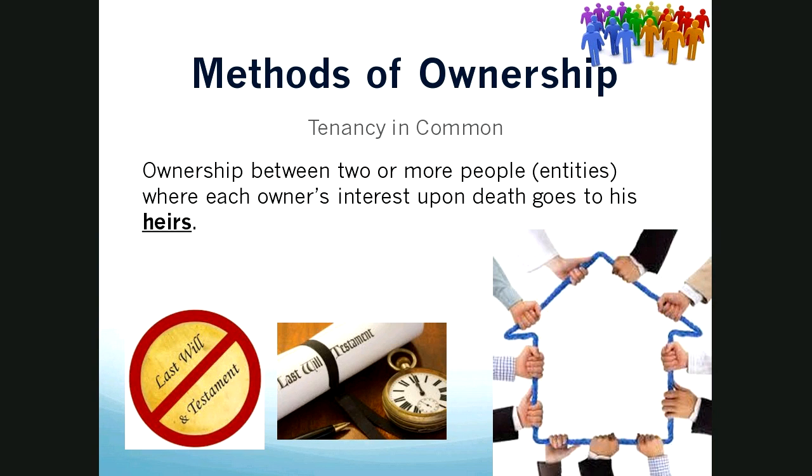And when we say heirs, we're talking about the folks that are going to get all of your stuff when you die, either through a will or through intestacy. Remember, with the joint tenancy with the right of survivorship, the other owners got the dead person's interest. In the tenancy in common, the dead person's stuff goes to their heirs.